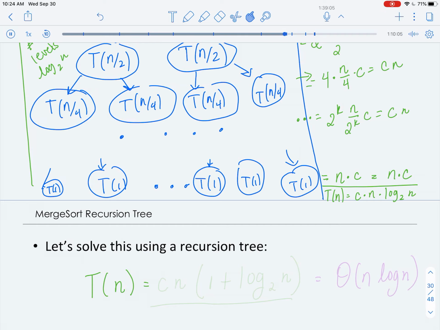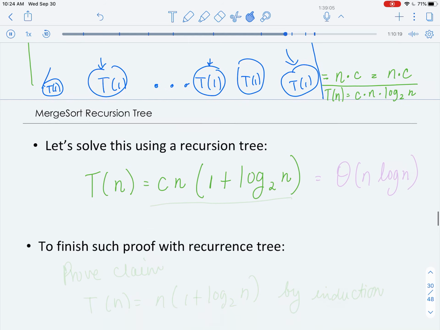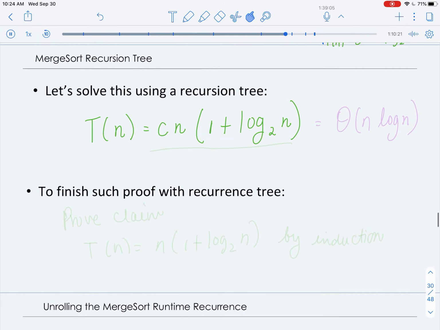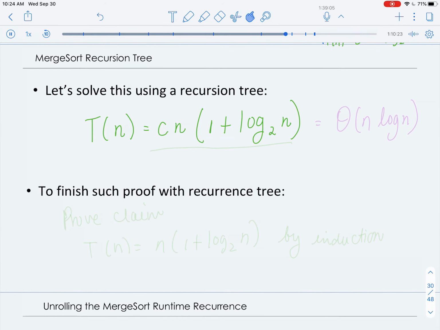So here we can say we're doing some constant times n amount of work, 1 for the base case, plus the log base 2 of n. And we don't necessarily have to worry about the constant so much, because this will give us the asymptotic bound that we need, which is just n log n.